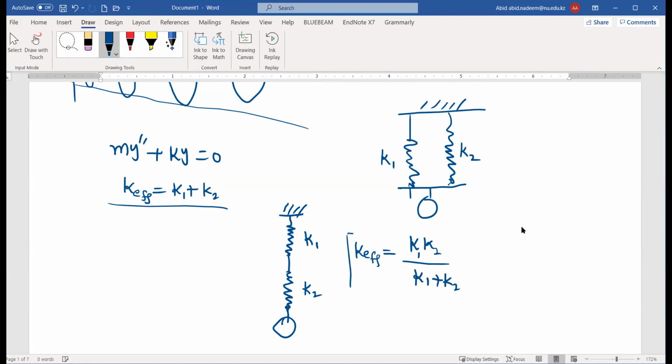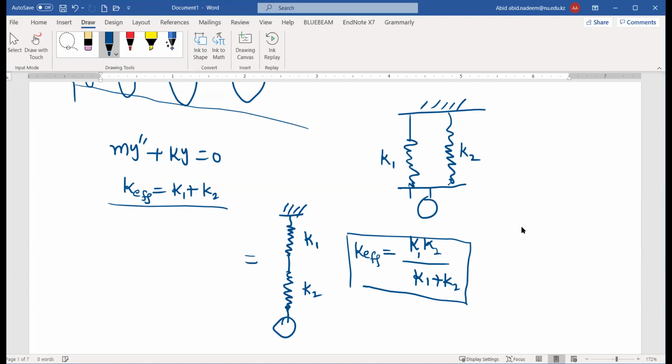I will not make the derivation here, but you can very easily do it by considering that the displacement in spring K1 plus the displacement in spring K2 will be equal to the total displacement of the effective spring.